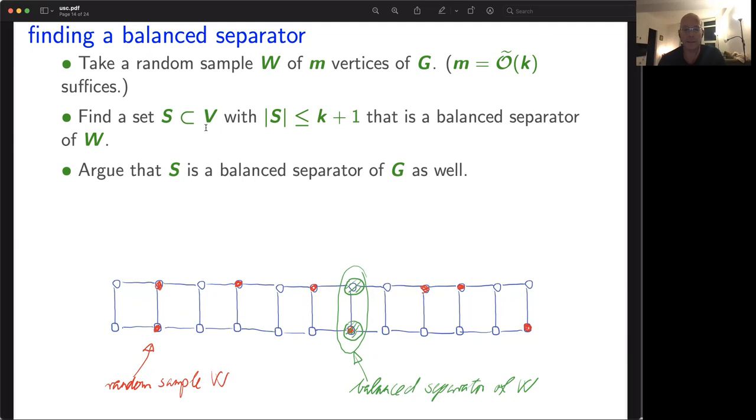So k is just a constant, and this tilde means up to logarithmic factors. So this m will be something like k times log n, or k times polylog n. That's how many vertices we pick.